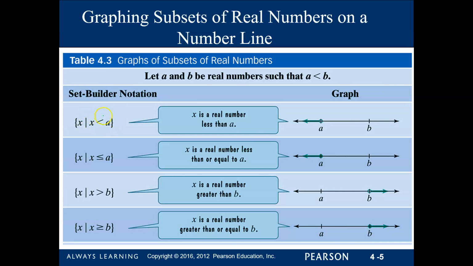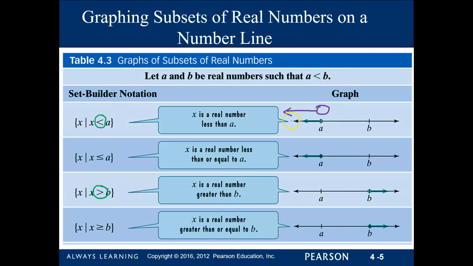One thing that you have to remember, when we have the less than and the greater than, the regular ones, okay, you represent that using an open dot on that value of that x, okay? And since we are talking about the less than, there are many numbers that are less than that particular number, so we have to represent it with an arrow.